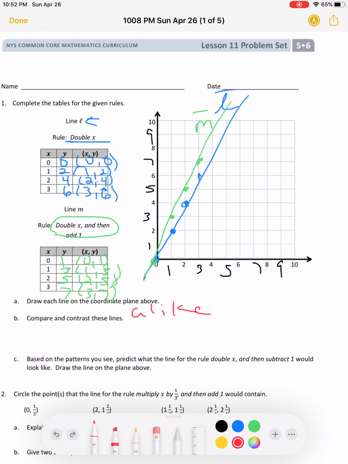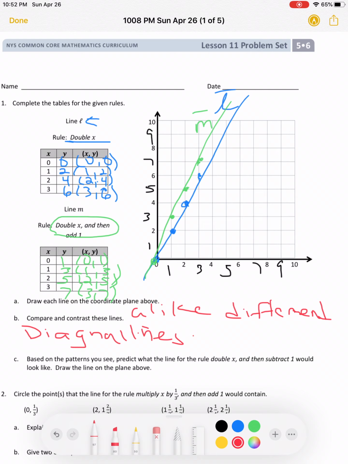Lines L and M. All right, they both are diagonal lines. Good. What about, are they parallel? No. Good. Tell me why.